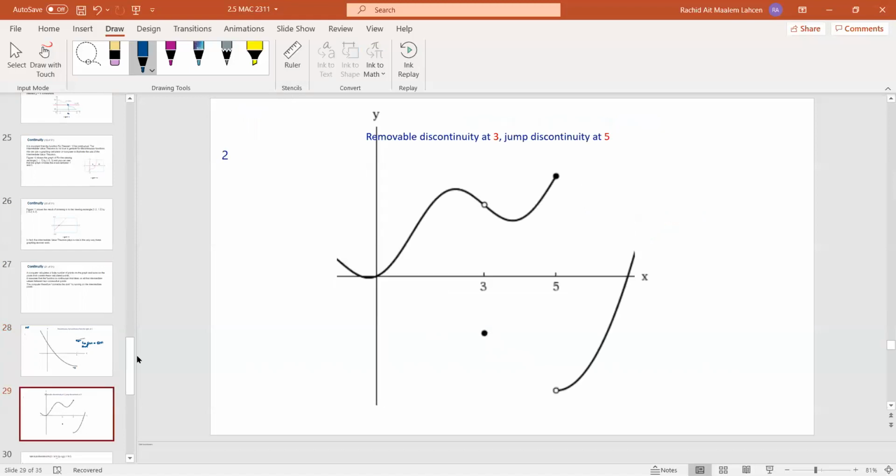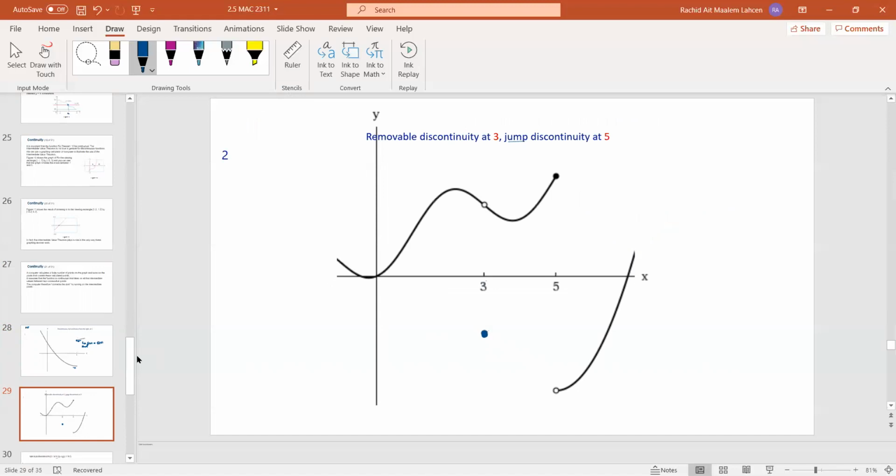So removable discontinuity at 3 means you need this dot here to be defined at 3. If you want to be able to remove it, you have to have it first defined. So we defined it here by this dot. And jump discontinuity.